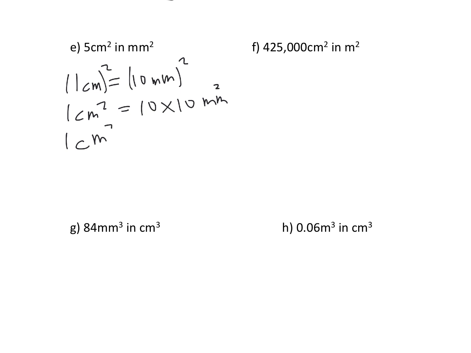So 1 centimetre squared is actually 100 millimetres squared. So if we've got 5 centimetres squared, we have to times that by 100. So that would be 500 millimetres squared.